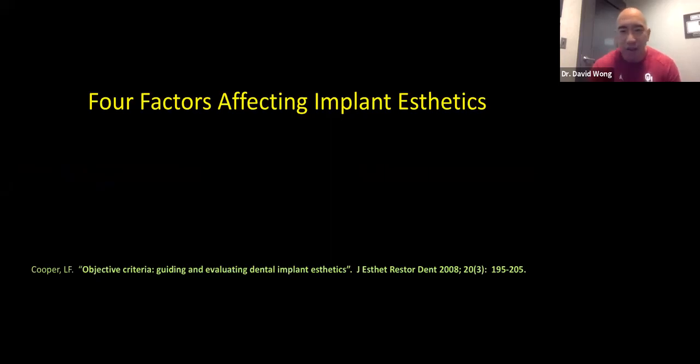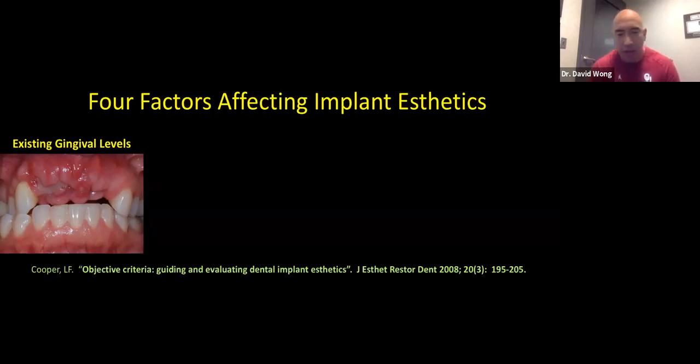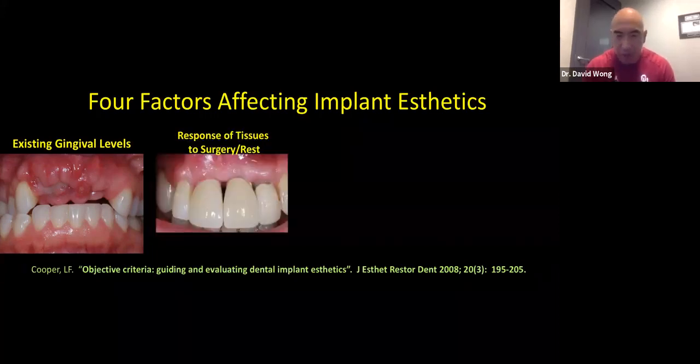4 factors affecting implant aesthetics. So what are the 4 factors? When we're talking about implant aesthetics, sometimes we don't have a choice as to how the patient presents, like cases like this where they have trauma, right? So existing gingival levels is the first thing that dictates our implant aesthetics. It's the patient's presentation.